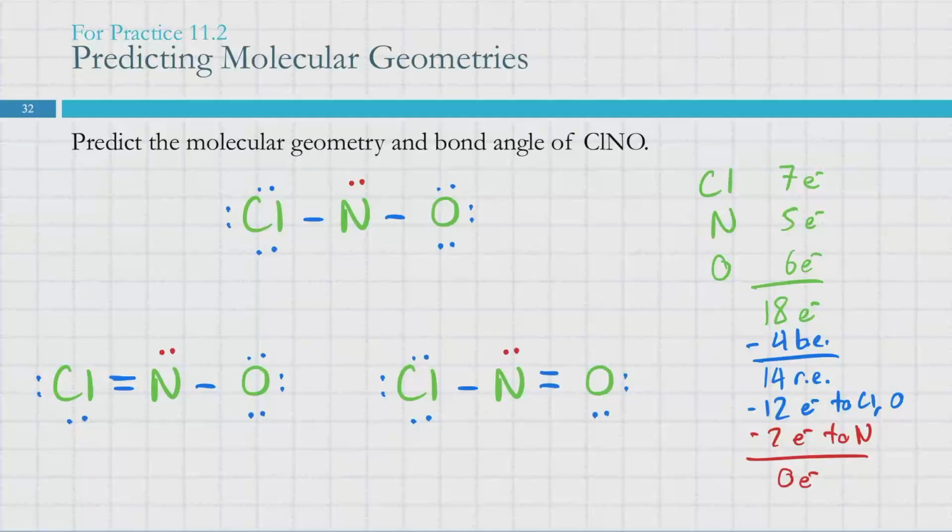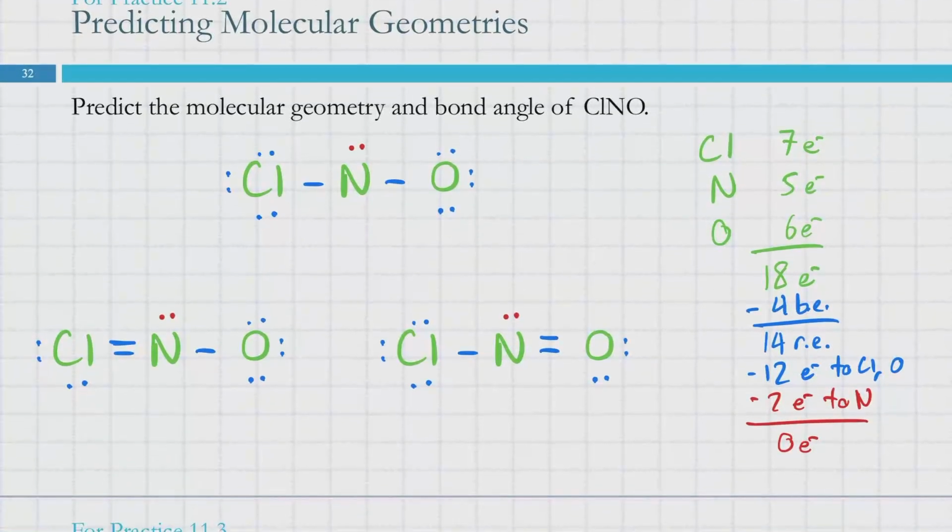Do we have a tool that can let us make a distinction between these two shapes? Starts with an F. Formal charges. So we need to think about our formal charges. Formal charges is also how we would figure out that the nitrogen is in the middle instead of the oxygen or the chlorine.